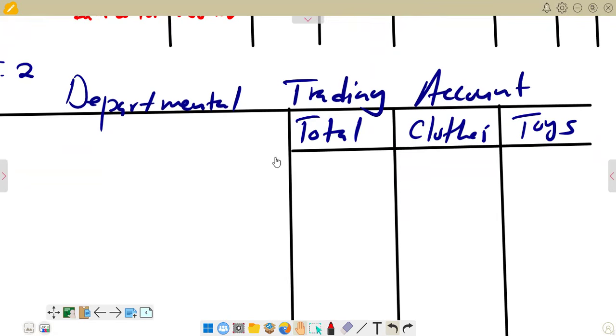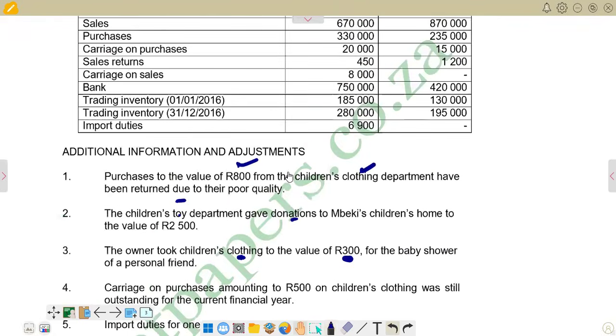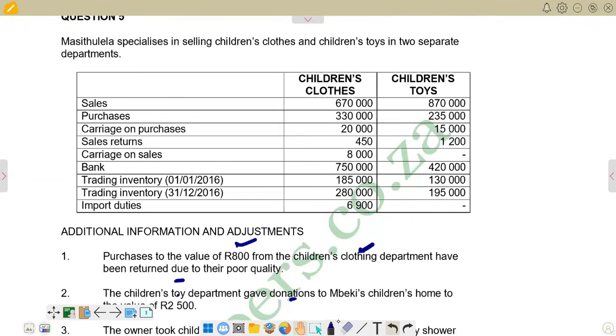So the figure that we are going to start with, remember in the trading account, we start with the figure for sales. So we are saying sales. Then we go back to the question to check which figures we have for sales. But we are going to put in the net figures there. That is, we are going to say our sales figure that we are given, and then we subtract sales returns if they are there in the question.